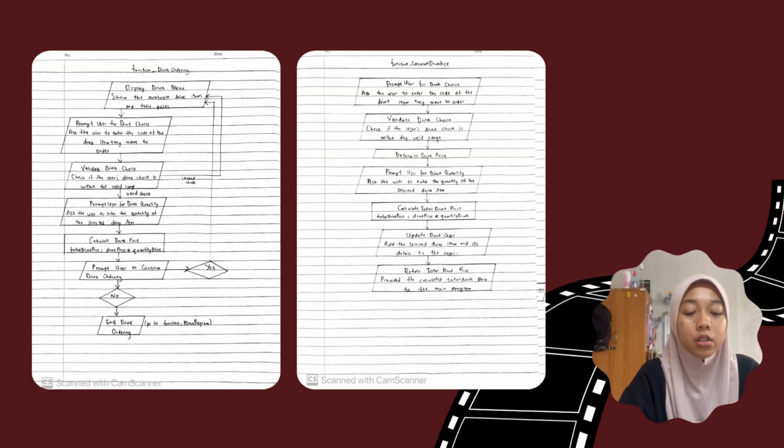So next we will continue to the drink ordering part, which is first we will display the drinks that are available, and then we will ask the user what kind of drink they want, and then we will validate to check whether it is a valid choice or an invalid choice.